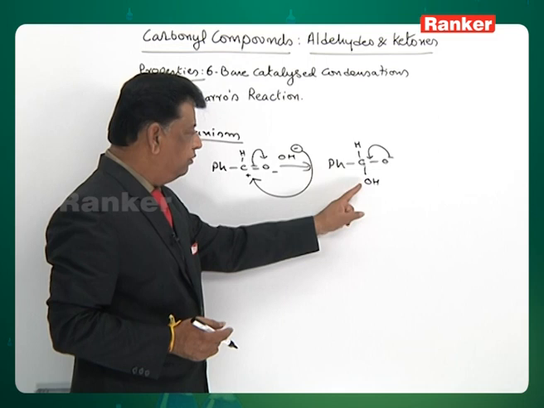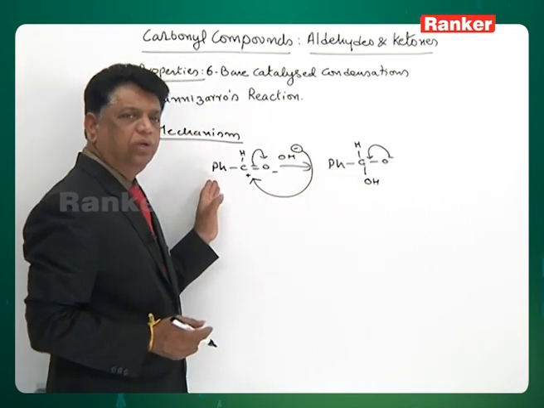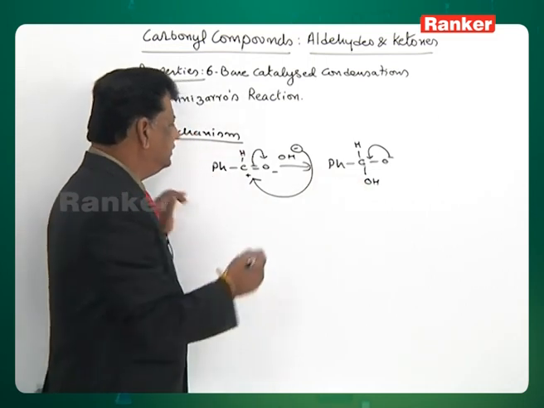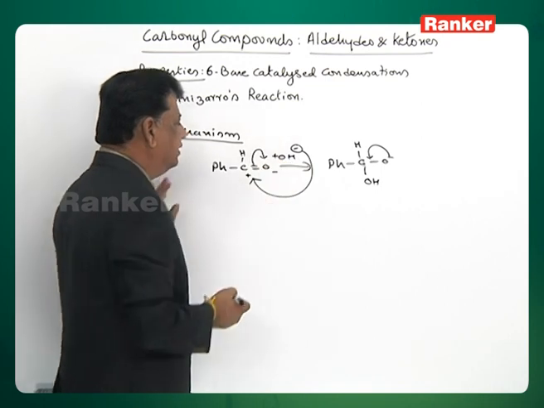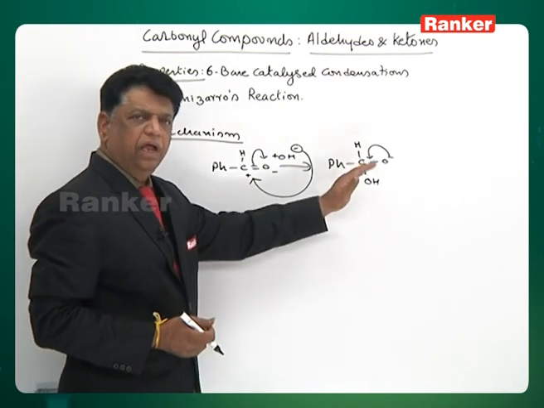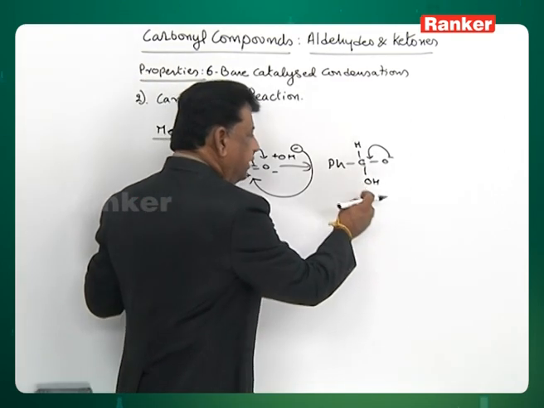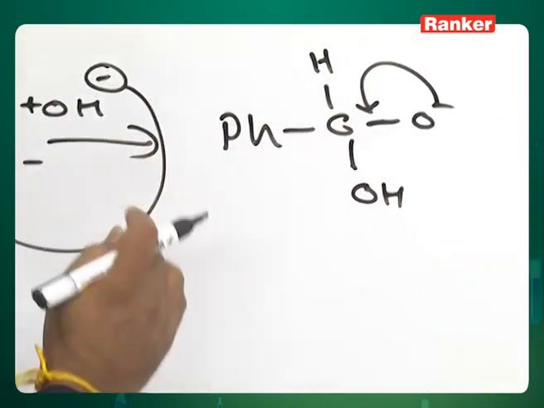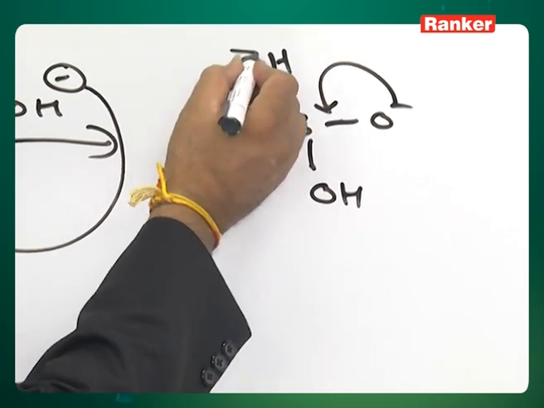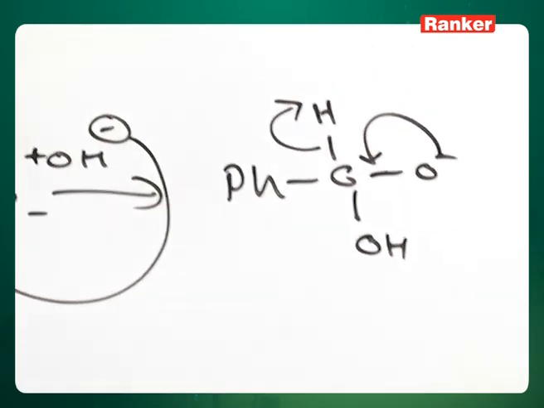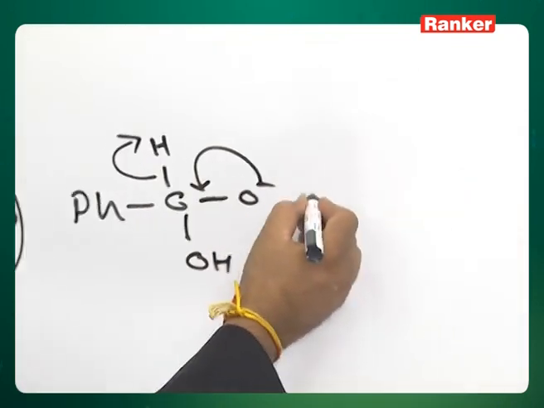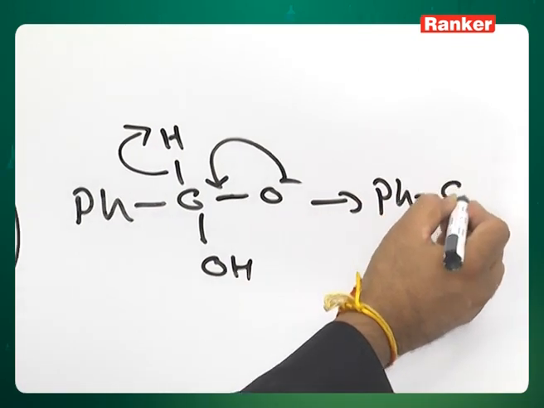Let us imagine if the OH comes back, you will get back the original one. So, such reactions will be going on: addition of OH and removal of OH again. But instead of the OH coming back, if H minus is expelled, then what happens? This becomes benzoic acid in fact.